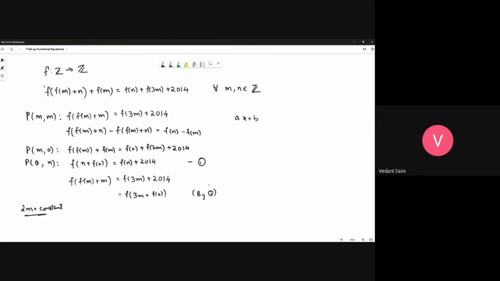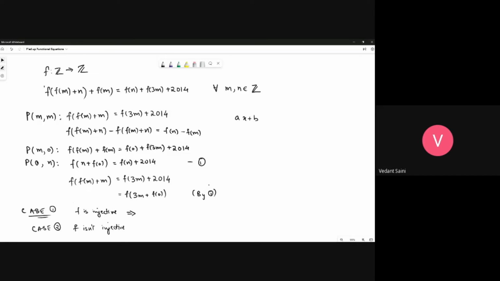And so we take one case where f is injective, and the other case where it is not. So the injective case is pretty easy to handle.